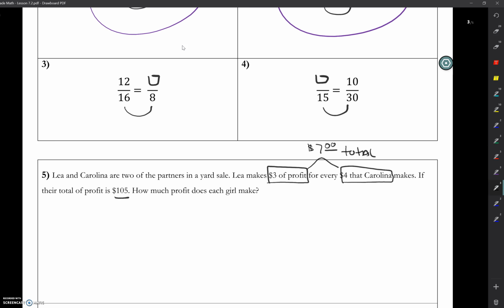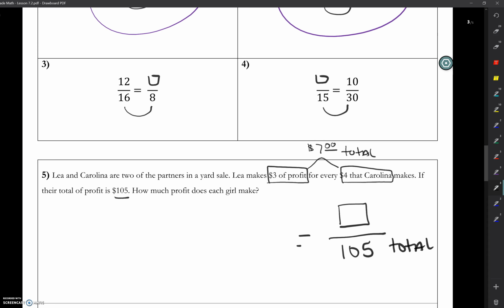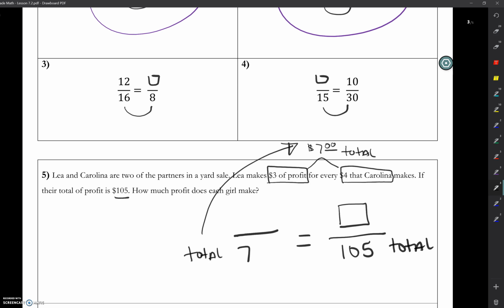You're going to have to pick one of the persons. So we're going to need to have a blank box up here, and 105 for the total is equal to $7 for the total, because this is the total. If we look back up here, it's total over, pick one of the girls. Pick either Leah or Carolina. We're just going to pick Carolina.